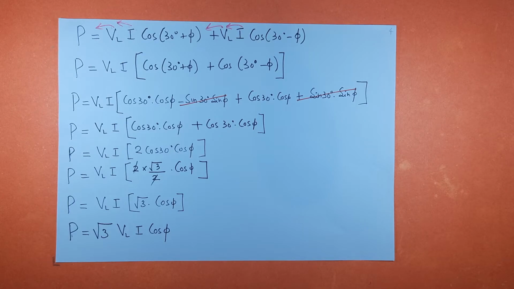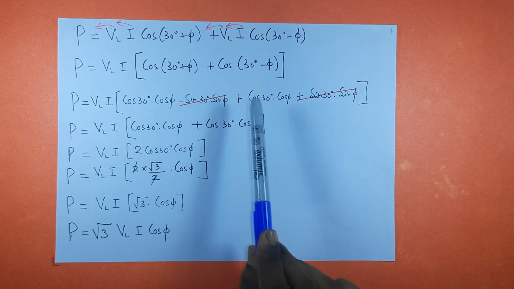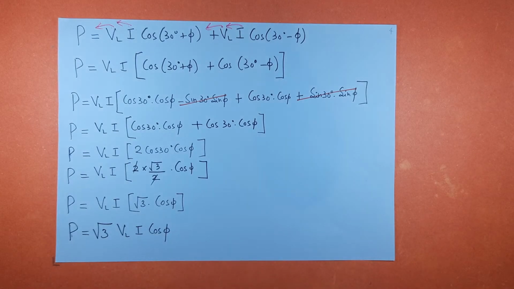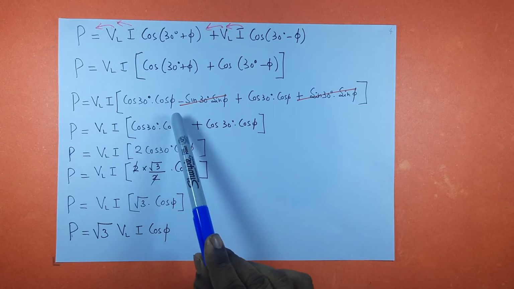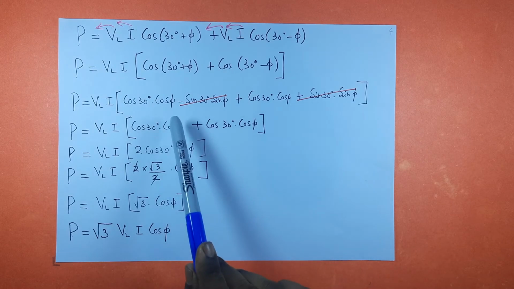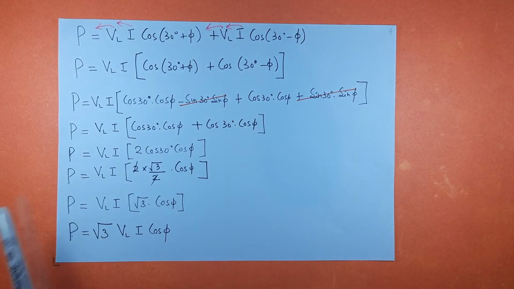P equal to VLI of cos 30 cos phi minus sin 30 sin phi, if we expand this, plus cos 30 cos phi plus sin 30 sin phi. So the minus sin 30 sin phi and plus sin 30 sin phi get cancelled. P equal to VLI cos 30 cos phi plus cos 30 cos phi. If you add these two things, P equal to VLI 2 cos 30 cos phi.